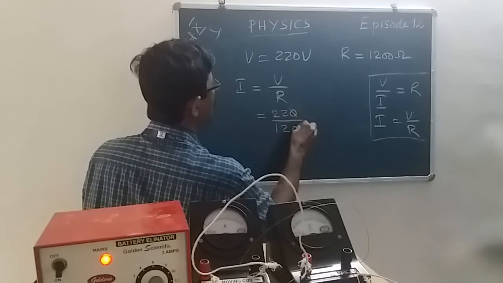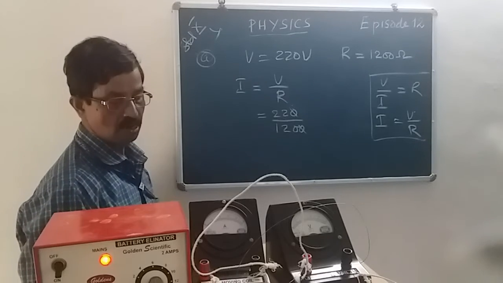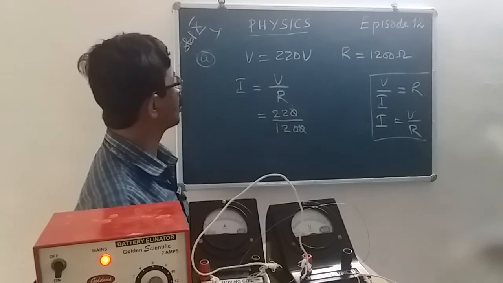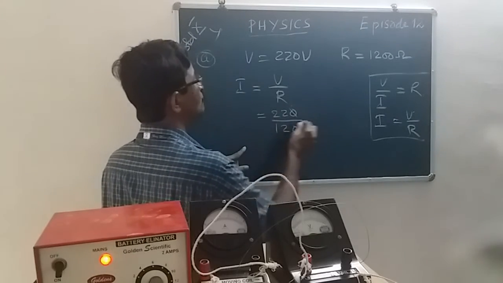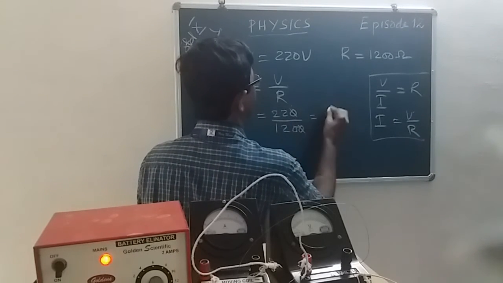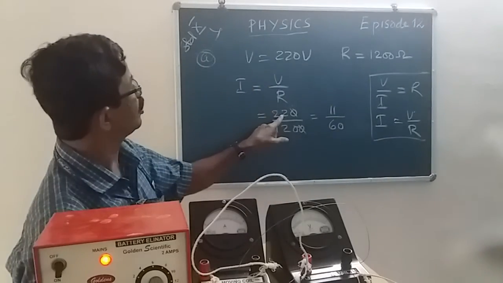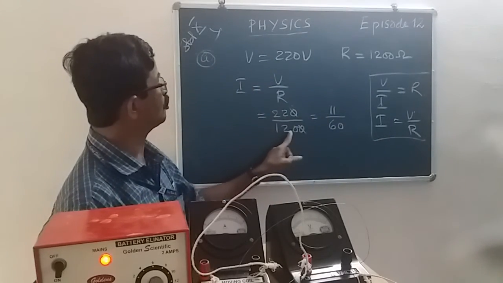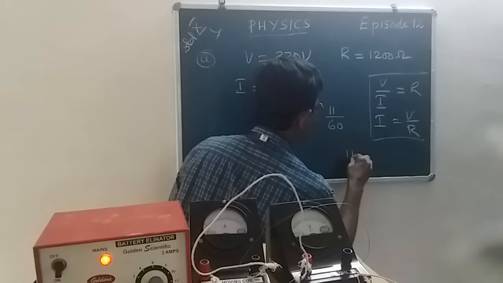Now we can cancel 10. Now 22 divided by 120. How much will come? We can divide by 2, then we get 11 by 60. In 22, 11 times 2, in 120, 60 times 2. Can you divide this one?